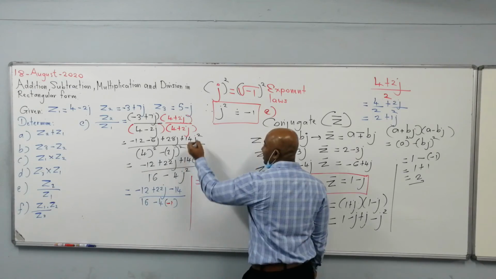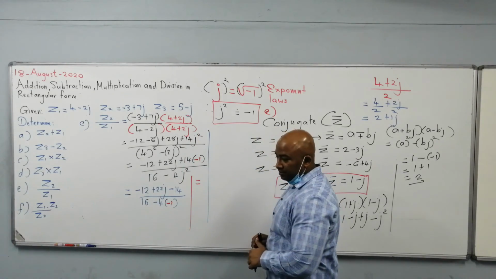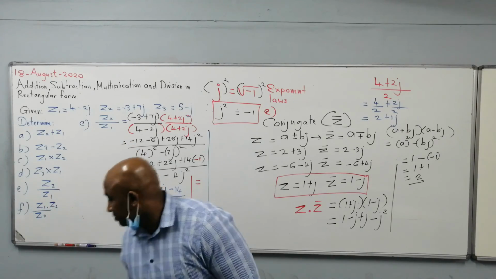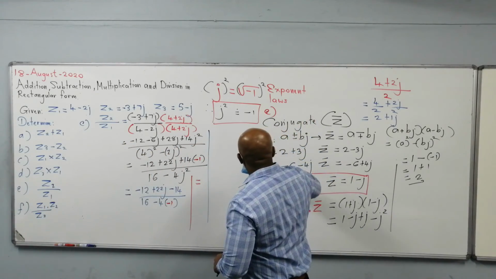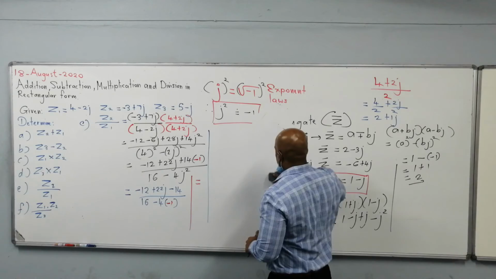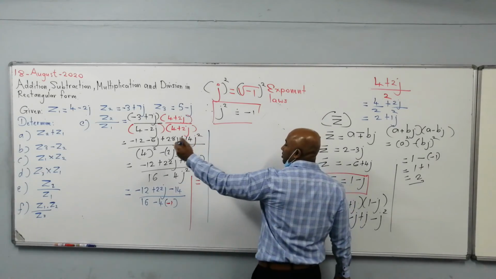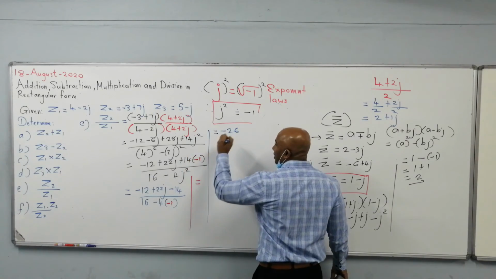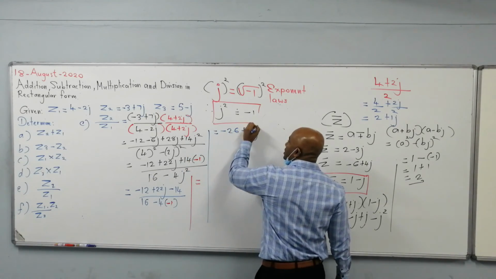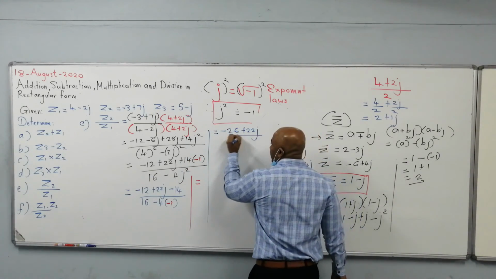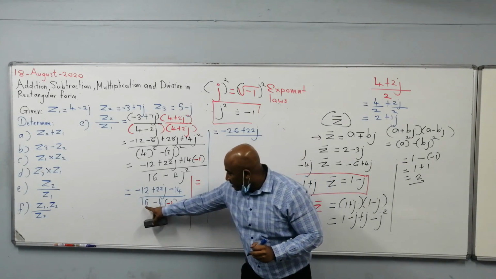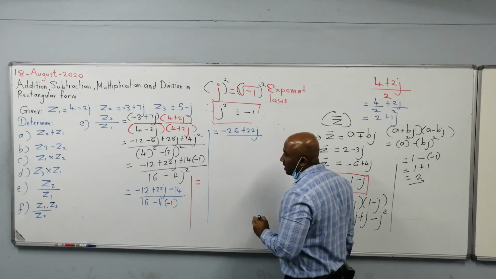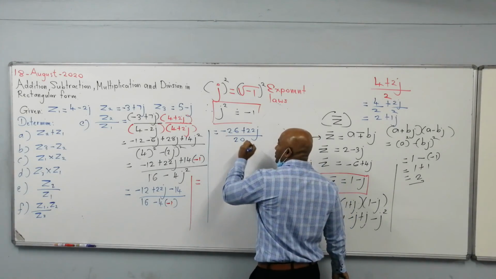Minus 12 minus 14. What is minus 12 minus 14? That will be minus 26 plus 22j, divided by, in my denominator, 16, negative and negative will give me positive, so 16 plus 4 is 20.